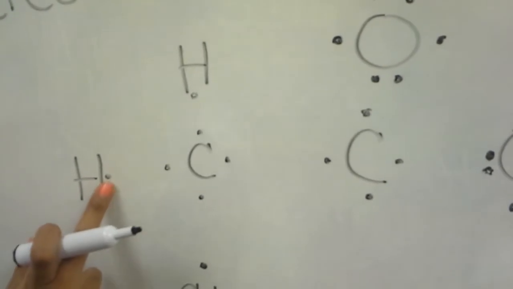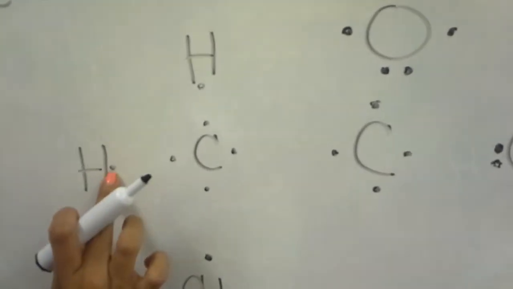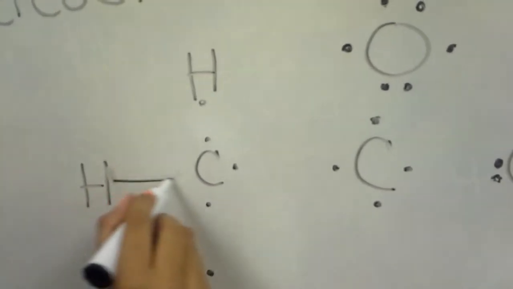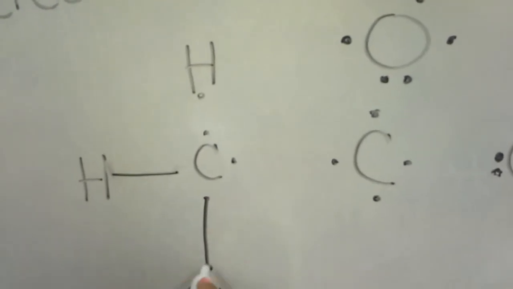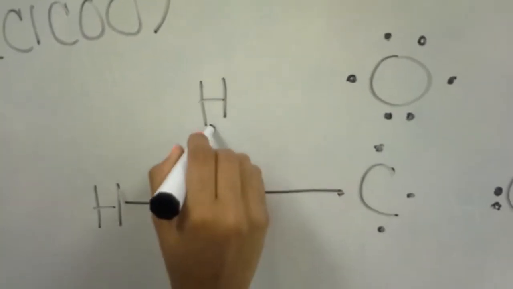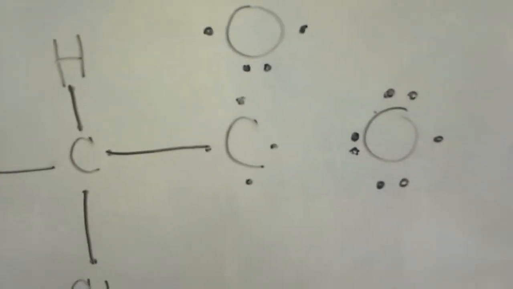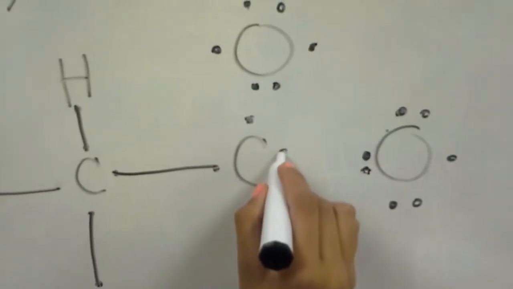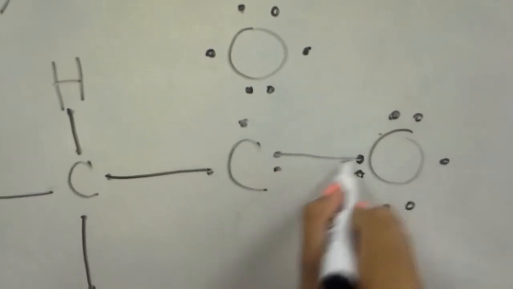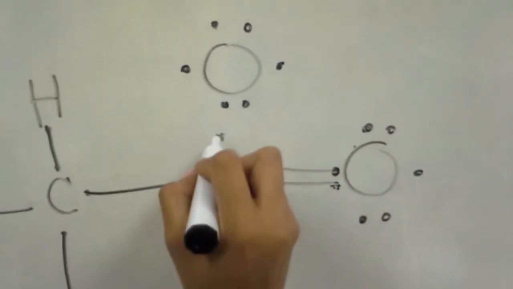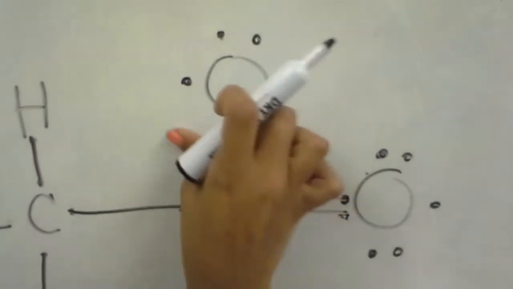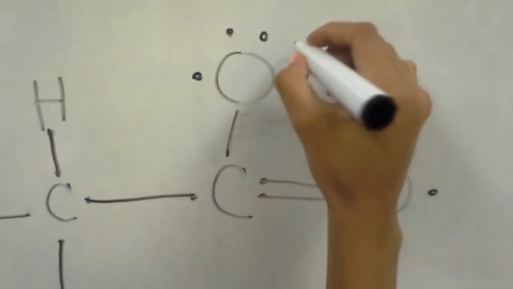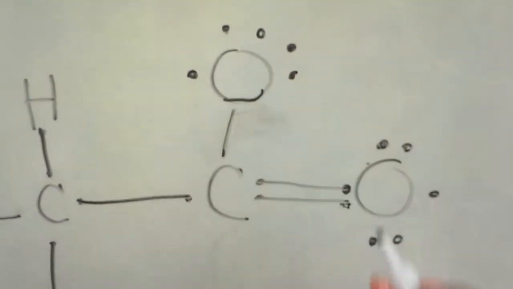So instead of having the 2 dots, they turn into lines. So you have this. Right here, instead of having it on the bottom, we're going to move it right here. So you're going to have 2 lines. Here you have 1. And your other electron over here.